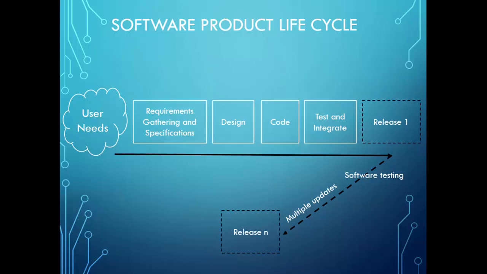Then we do the first release. With the first release, we start capturing user feedback, and from user feedback it can be updated or changed with multiple iterations until we get to release N, or the final release. And again, when we say final release, that doesn't mean that there are no updates coming after that.